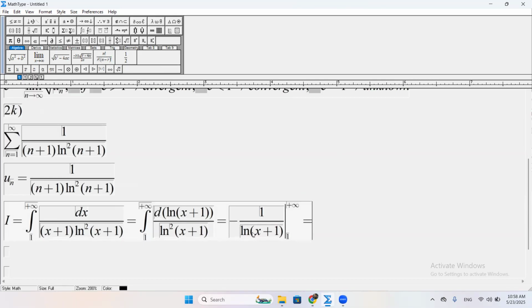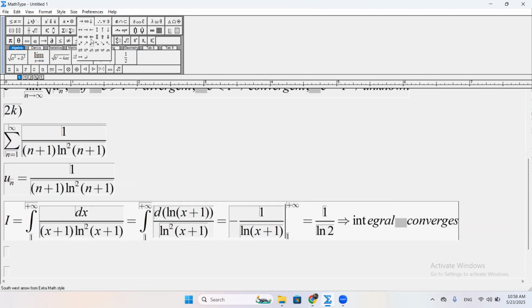If I substitute plus infinity, I receive 0 here. If I substitute 1, I receive 1 over logarithm of 2, and don't forget about the minus here. So it will be equal to 1 over logarithm of 2. So the integral is convergent, and the series converges as well, according to the integral Cauchy test.